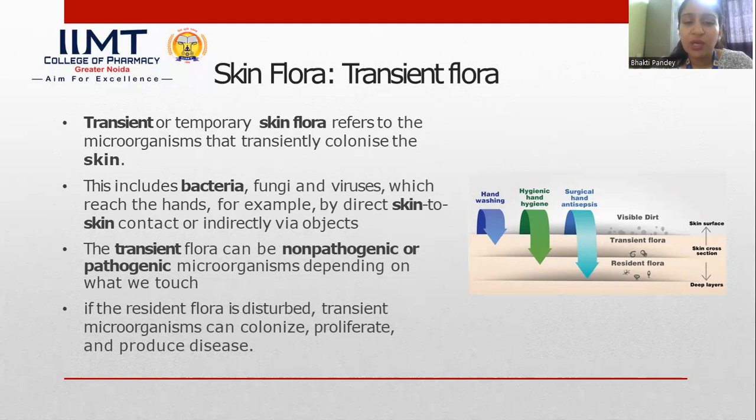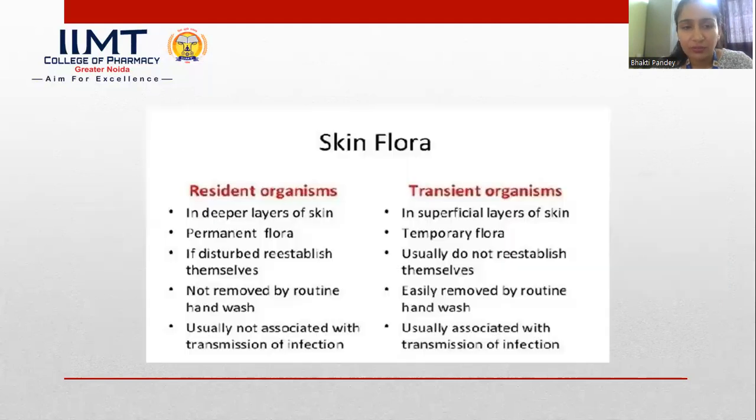So if the resident flora is disturbed, transient microorganisms can colonize the skin. They can proliferate and produce disease. Here are some differences between the resident flora and the transient flora.